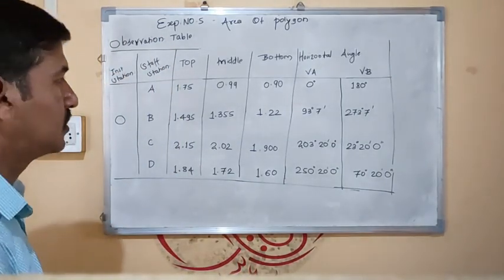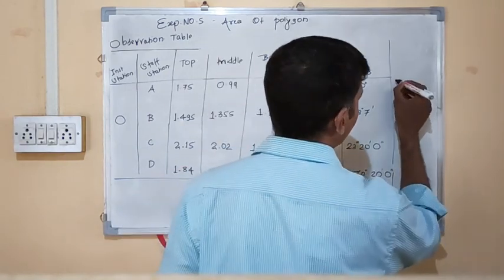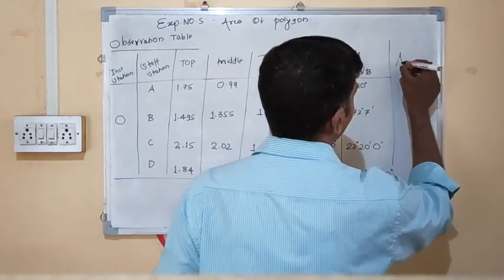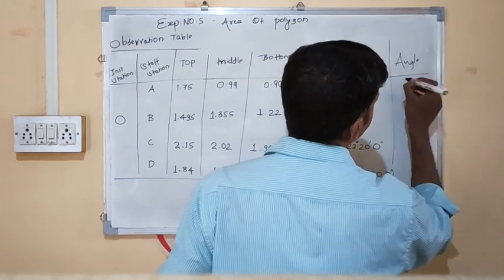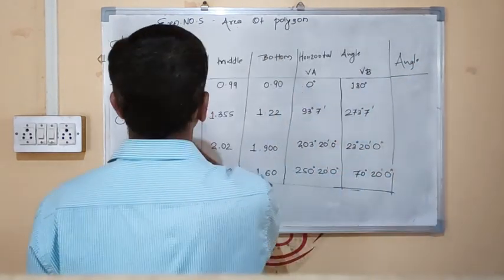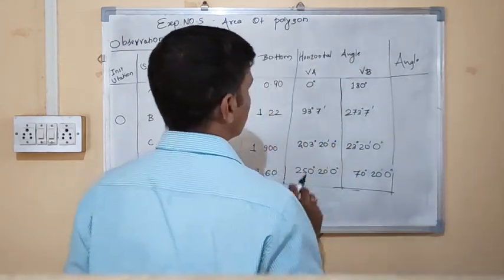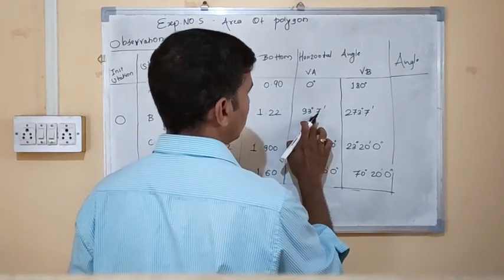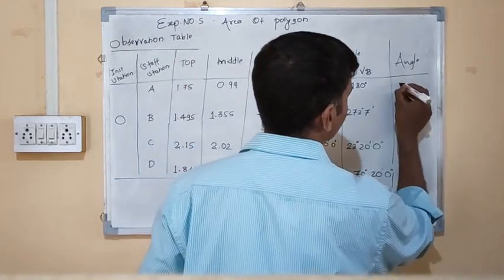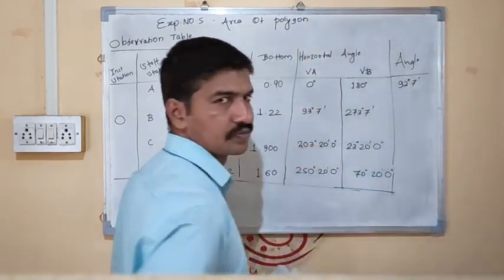Now what we have to do is find out the respective angle at A. So in front of A we have to write down the respective angles. So initial reading 0, final reading 93 degrees 7 minutes. So you will get 93 degrees and 7 minutes.